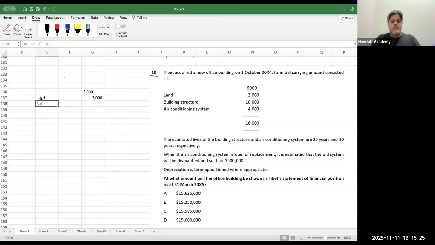2000, then we have the building, and the building structure is 10,000 minus what it will be sold for, 500,000, right? So that is, the old system will be dismantled and sold for 500,000, right? So this is the 10,000 over here, and the life is expected to be 25 years over here.